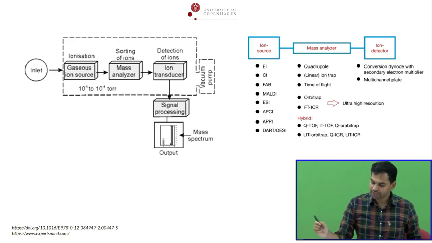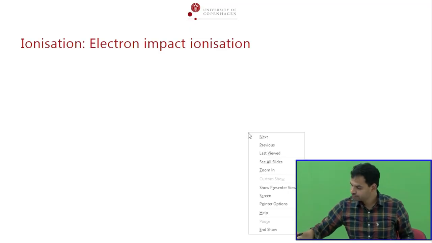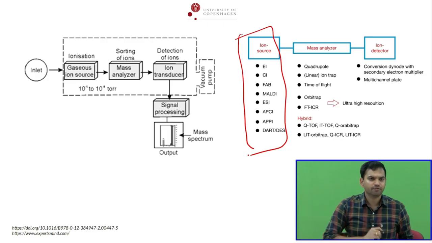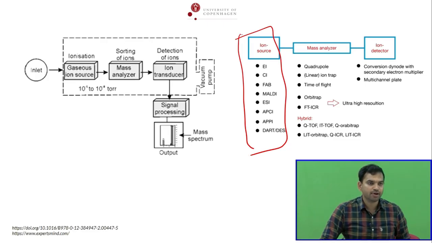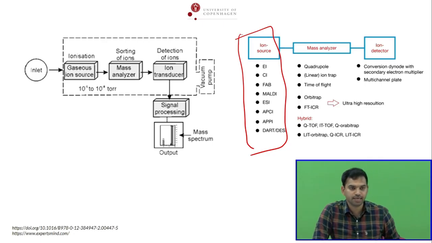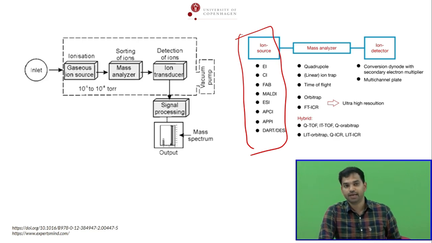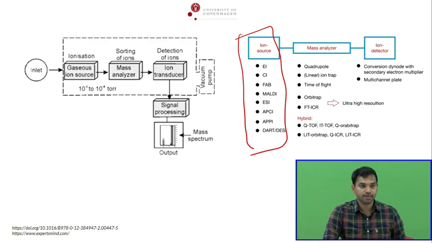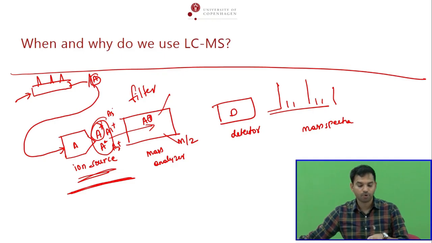Now, this is what I was trying to explain. We have a lot of different types of ion sources. Have you heard about different ion sources? Electron impact ionization, chemical ionization, electrospray ionization, atmospheric pressure ionization, atmospheric pressure chemical ionization, atmospheric pressure photoionization, MALDI, MALDI-TOF. There are a lot of different ways you can ionize your proteins or analytes.